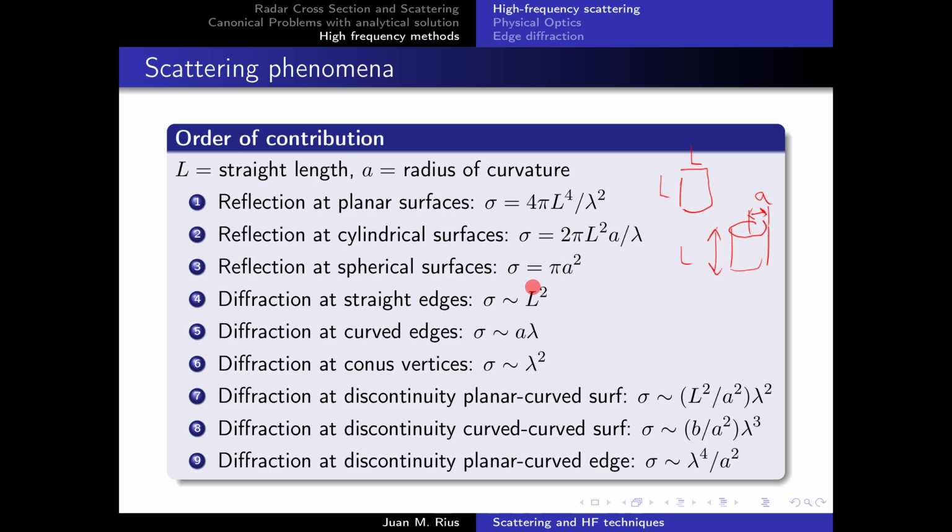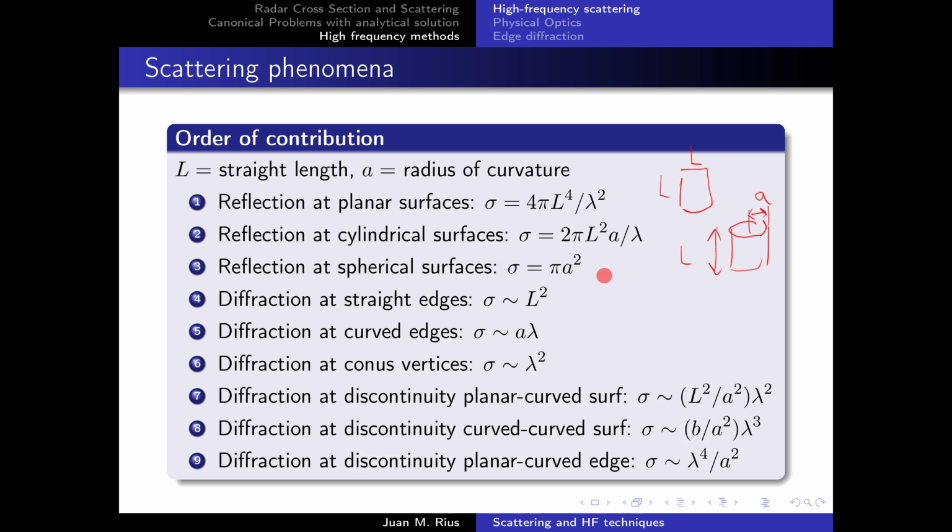And a sphere, a spherical surface, or a surface with double curvature? Well, it's proportional to the product of the two radii of curvature. If it is a sphere, the two radii of curvature are equal to a, so a squared. No variation with lambda. We already know from the exact analytical solution of the sphere as a canonical object, the exact solution is a summation of harmonics, but this converges to pi a squared for radius much larger than the wavelength.